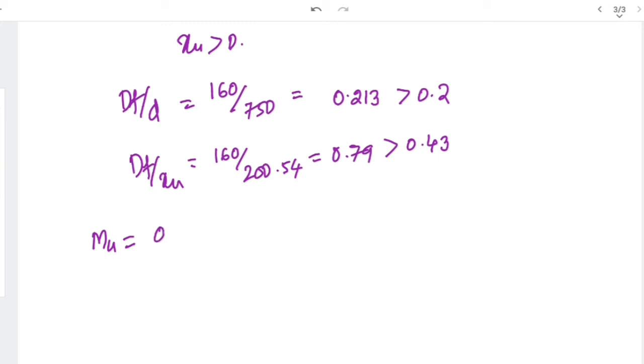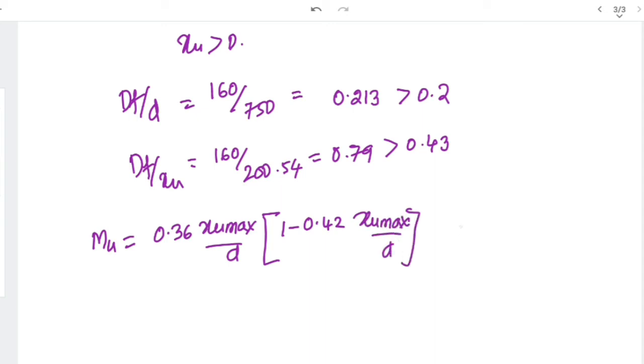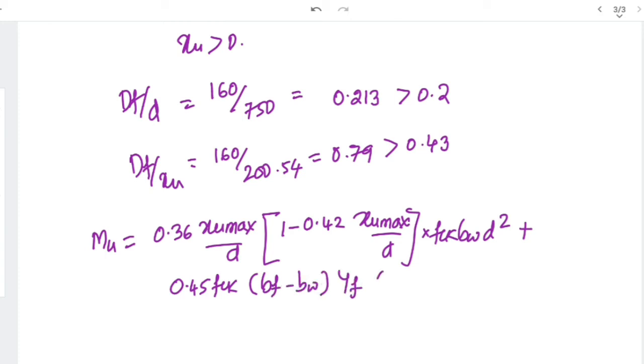So Mu is equal to 0.36 XU max by D into bracket 1 minus 0.42 XU max by D into bracket FCK BW D square plus 0.45 FCK into bracket BF minus BW into YF into bracket D minus YF by 2. Now the equation for YF is equal to 0.15 XU plus 0.65 DF.